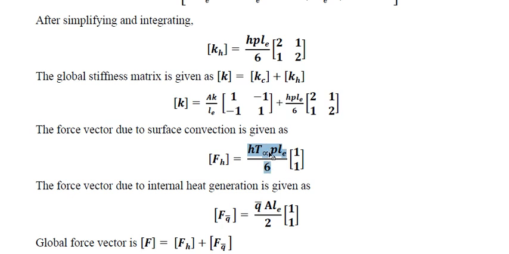It depends on the surrounding temperature and on the convective heat transfer coefficient of the material. Perimeter into length gives surface area. It is multiplied at node 1 as well as node 2. From node 1 to node 2, the value will be the same. That is why 1 1.